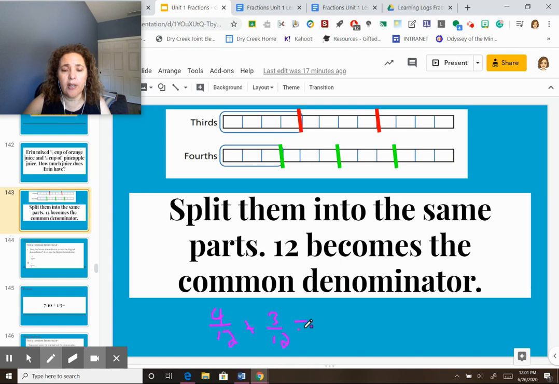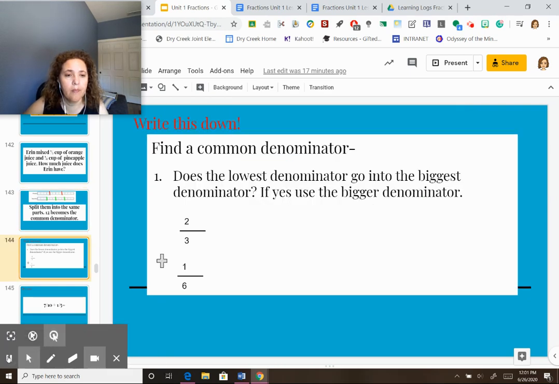And now I know how to do that, right? This is 7 12s. So this is just the logic behind it. We are splitting them into the same amount of equal pieces so then I can add them up. I need to find a common denominator, okay? And there's different ways to do that. So that's the visual part of it.